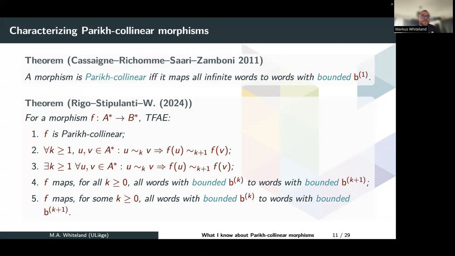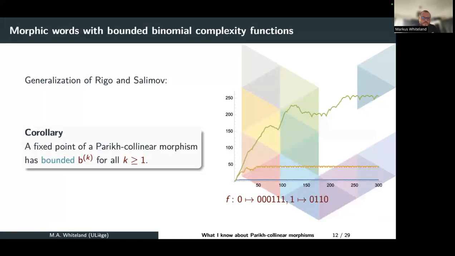But as a corollary of this theorem, we get a generalization of the Rigo-Salimov result, where essentially the corollary is that if you take a fixed point of a Parikh-collinear morphism, then it has bounded k binomial complexities for all k. And here again, the bound depends on k.